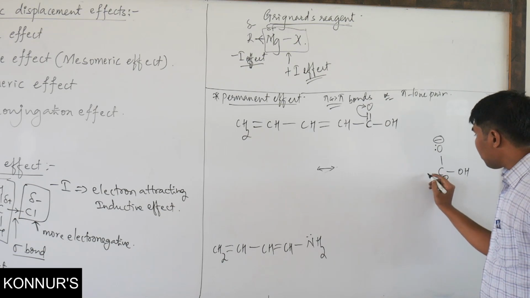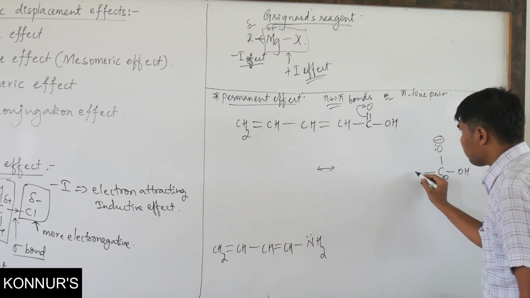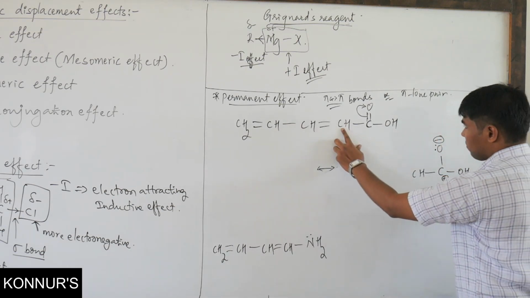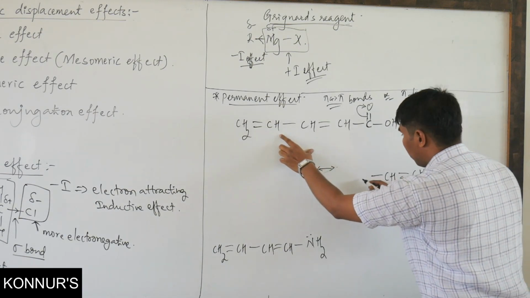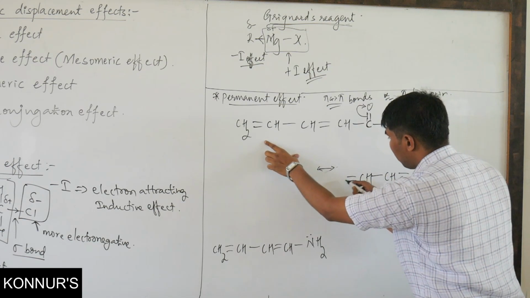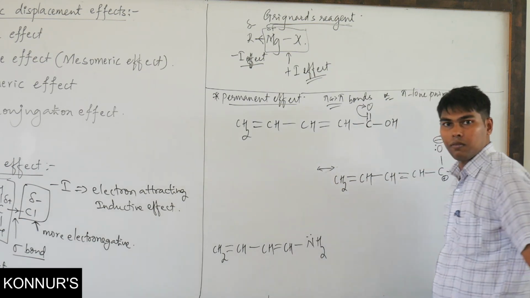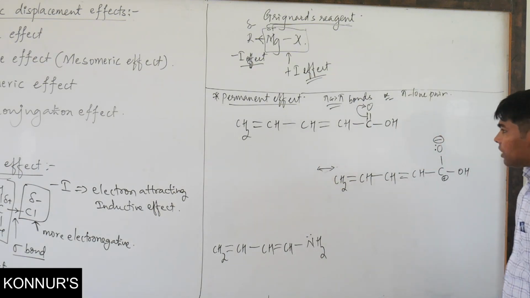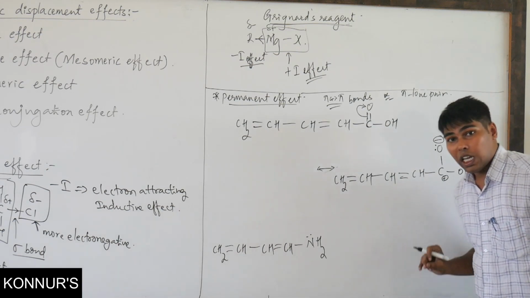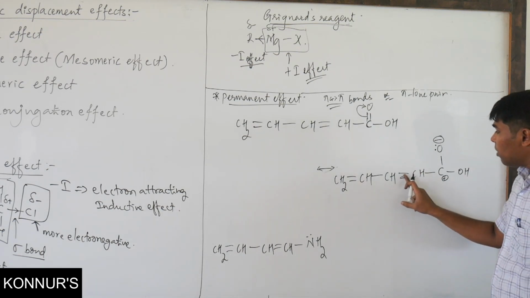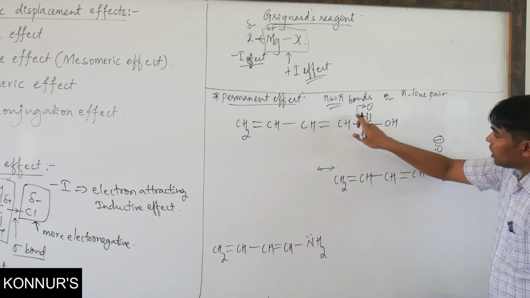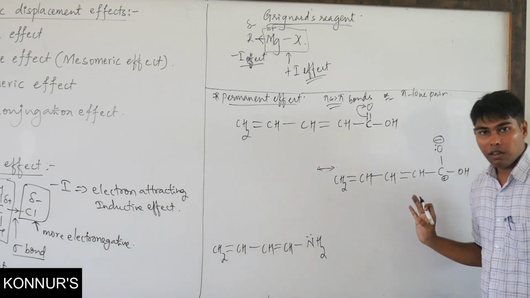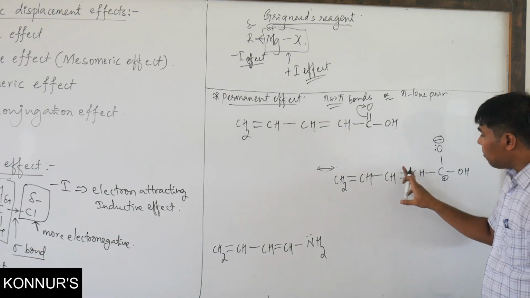Here the remaining things I will write. CH is there with a double bond, and here CH single bond, here also CH double bond and CH2. In order to balance this valency, what happens? This pi bond is now shifted as a lone pair.